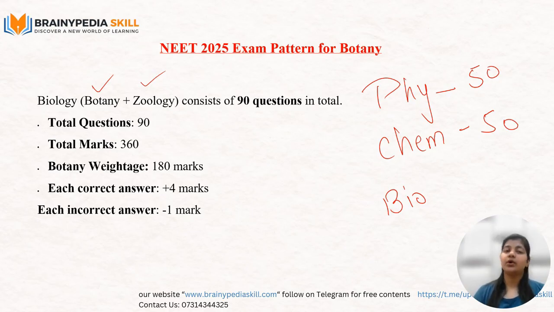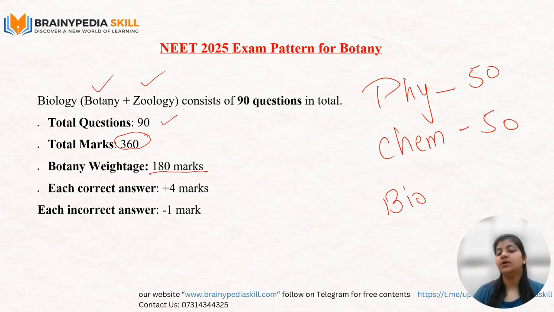So 90 questions will give you around 360 marks.